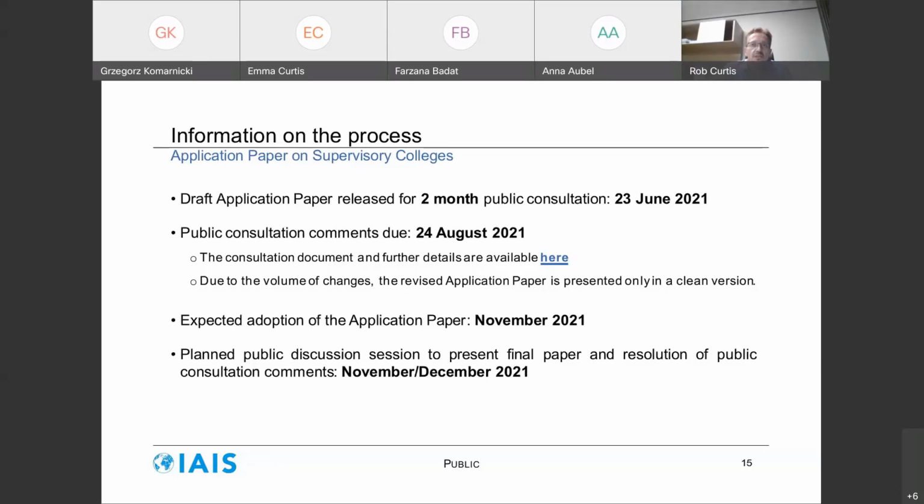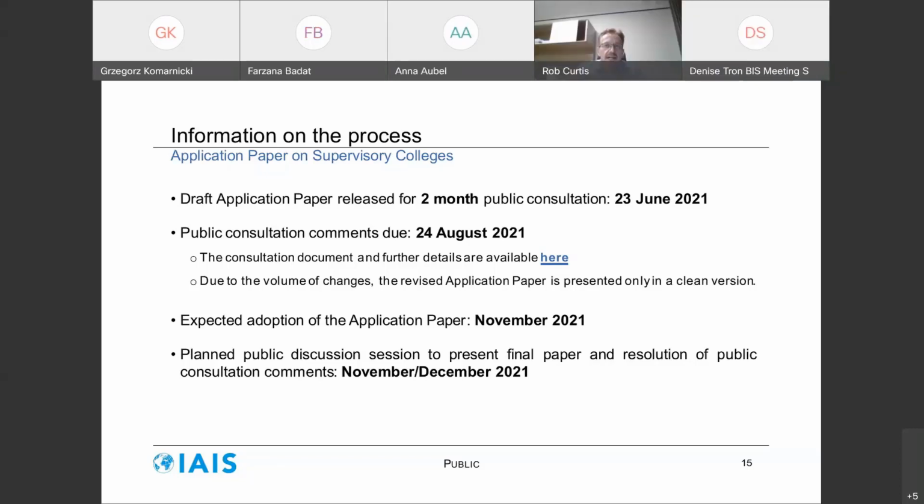The consultation document and further details are available on the public consultation page of the IAIS website under the link provided on the slide. We expect the final version of the paper to be adopted in November this year. After the adoption, we will hold a public discussion session to present the final paper and the outcome of the public consultation itself.